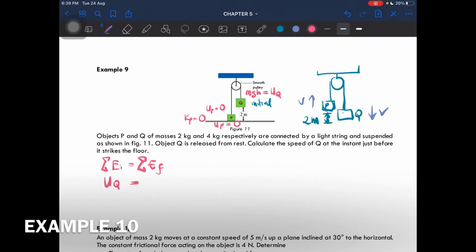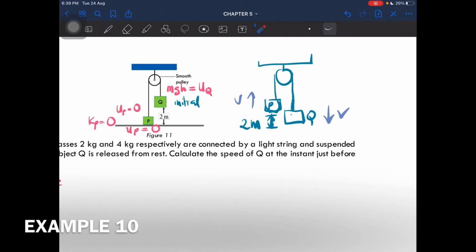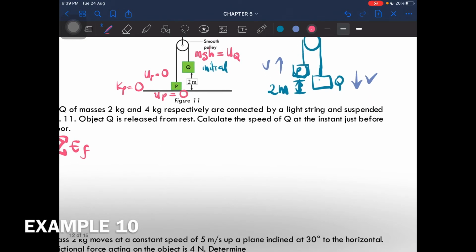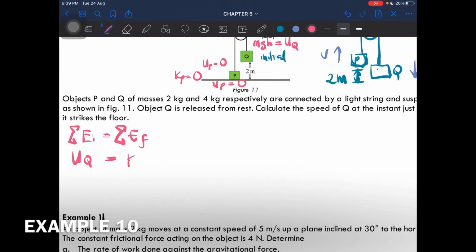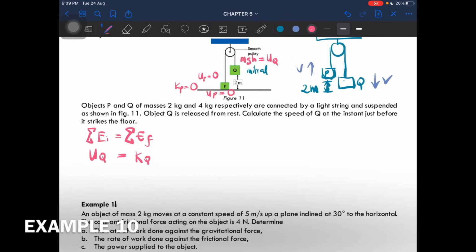Now we look at the final situation. In the final situation, Q starts moving down. When it starts moving down, it hits the ground where h is equal to 0. So we only have KQ. Then what else?